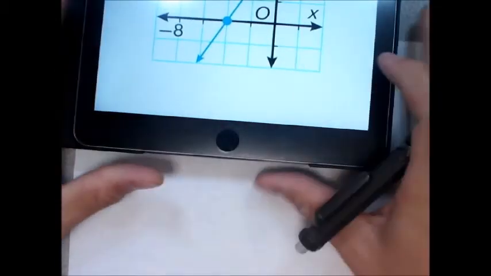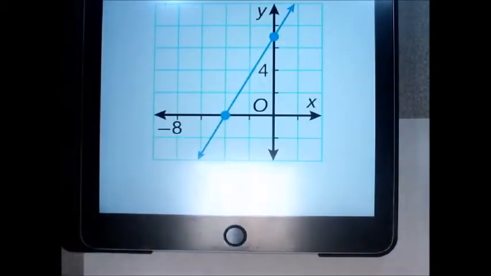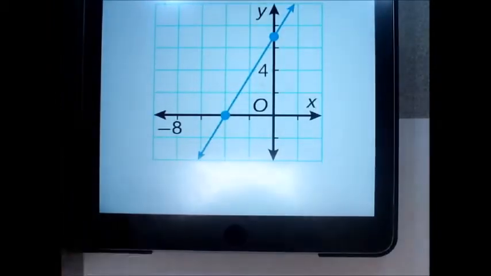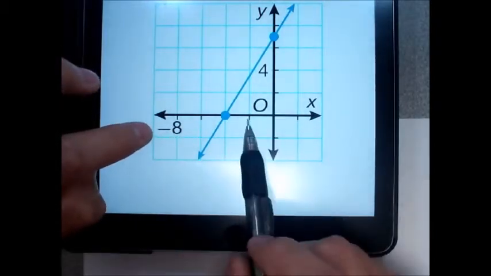Example 3, if they just give you a graph, like they do on example 3, and say identify the x and y intercepts, I'm going to blow that up real quick. Then all you have to do is look at it and go, okay, where does it cross the x-axis? Pay attention to the interval here. This is counting by 2's.